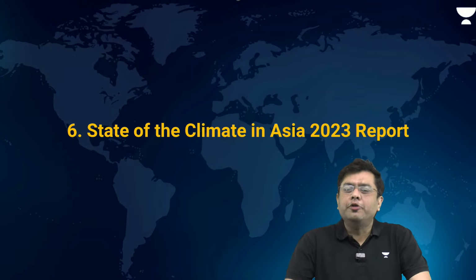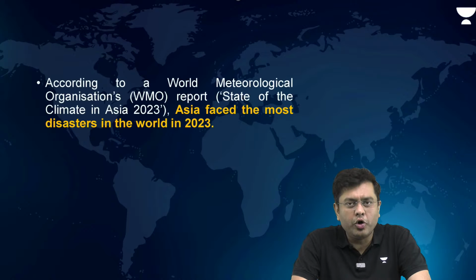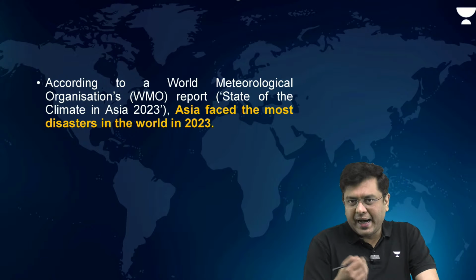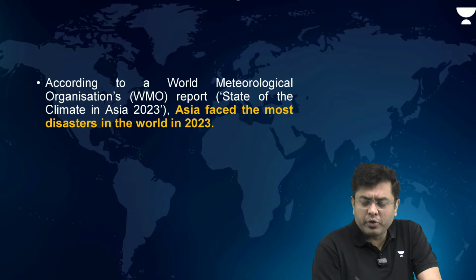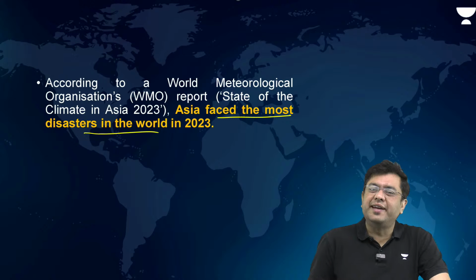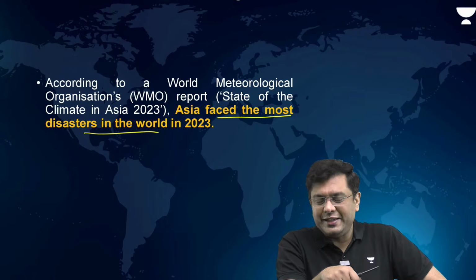Now, the State of Climate in Asia Report 2023, which has been released by WMO, the World Meteorological Organization. The World Meteorological Organization has released a report, which it does quite frequently, stating that Asia faced the most disasters associated with climate change in the year 2023.